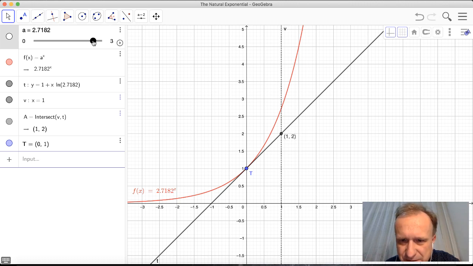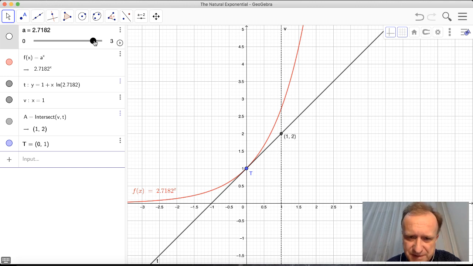Yes, you see, when I take the value of the base equal to 2.718 and so on, which is actually the number E mentioned a minute or 5 minutes ago, I don't know, then the gradient of the tangent is exactly 1. Okay?